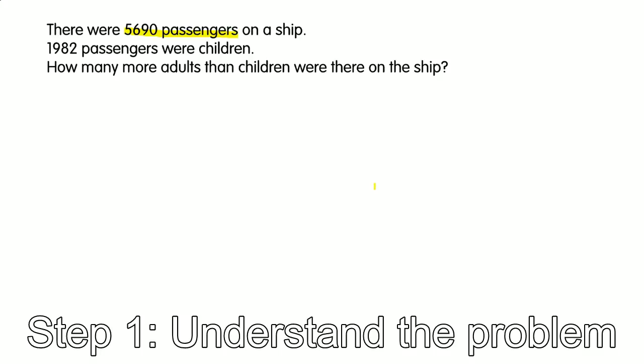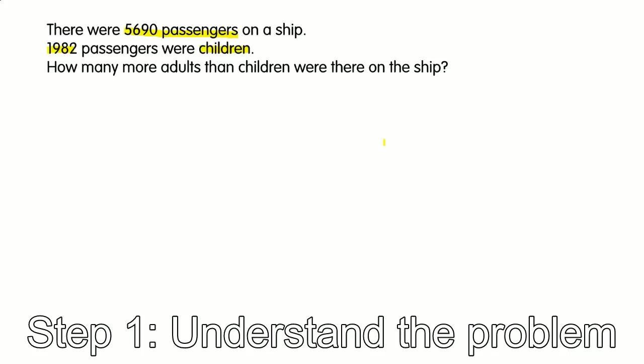The number of passengers are made up of children and adults. Given in the question, there were 1,982 children. Is the number of adults given in this question? No. So I guess we need to find the number of adults with the given clues.